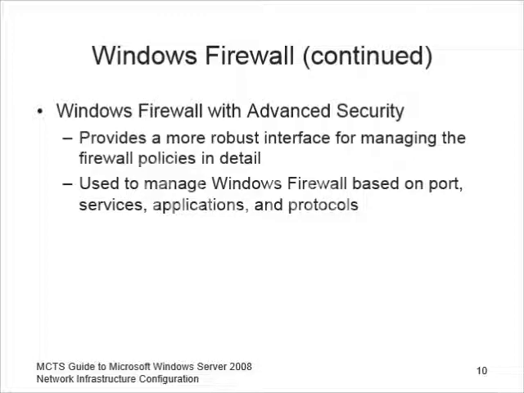Unlike the Windows Firewall console, the Windows Firewall with Advanced Security console provides a more detailed view of a computer's firewall settings. You can manage the following areas in the WFAS: the inbound rules, the outbound rules, the connection security rules, and monitoring.